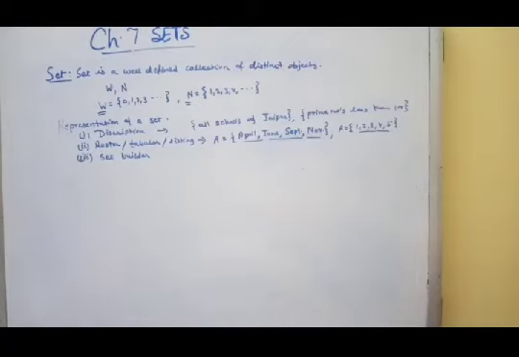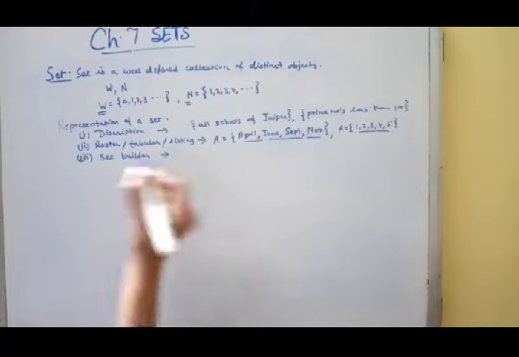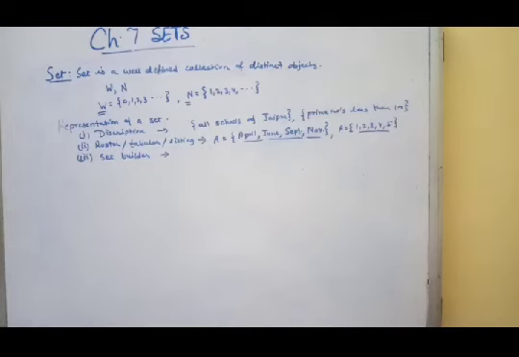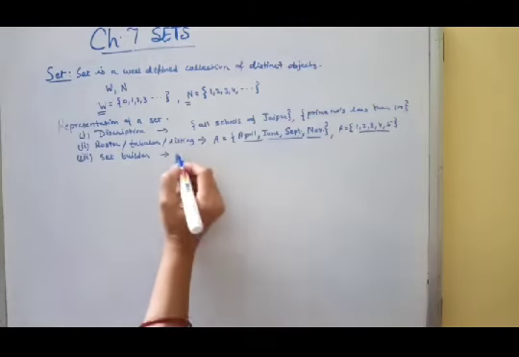Now the set builder method is also called the rule method. We define a set with a rule and the whole description is enclosed within curly brackets. Let us do one example.